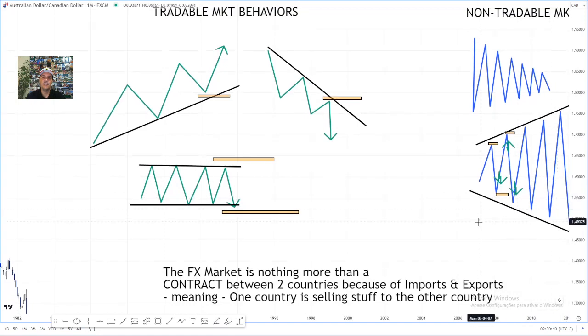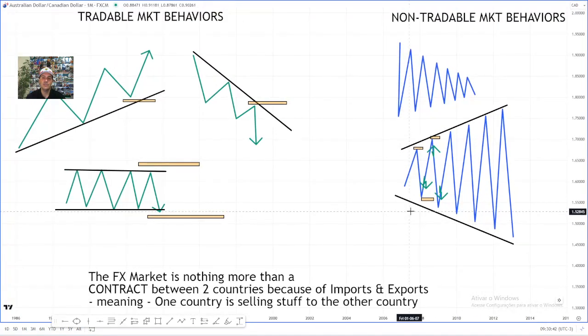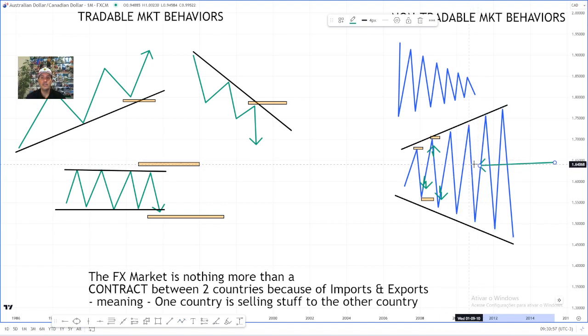trading inside chaos. I don't care what strategy you are using, if you are advanced or intermediate. I don't care what methodology you are using. If you are trading or analyzing or whatever, you cannot win in chaos.